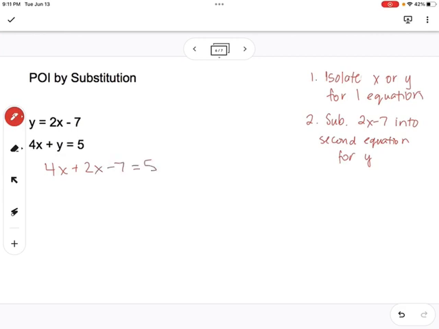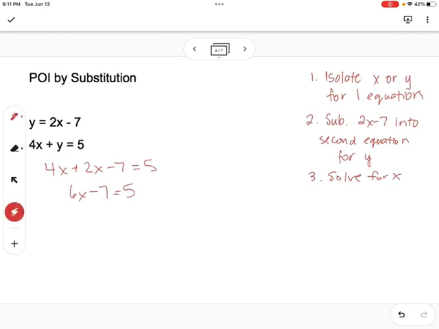From there, you want to solve for x. So that means we're going to put our like terms together. The like terms are the 4x and the 2x. So 4x plus 2x gives us 6x. And then to get x by itself, we want to use SAMDEB to move things to the other side of the equal sign.